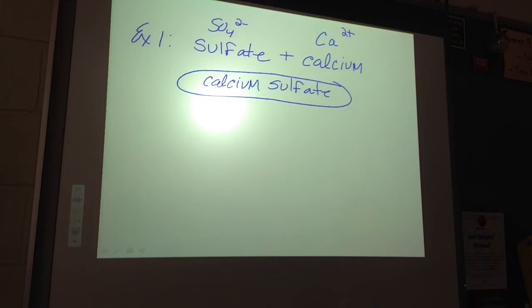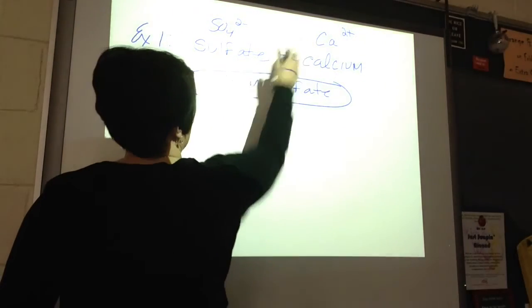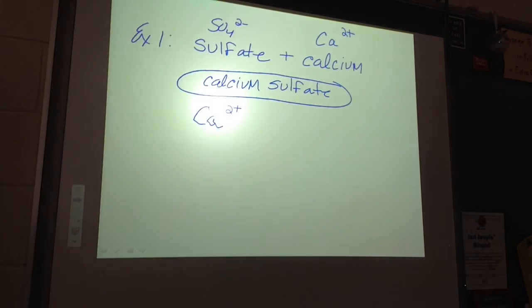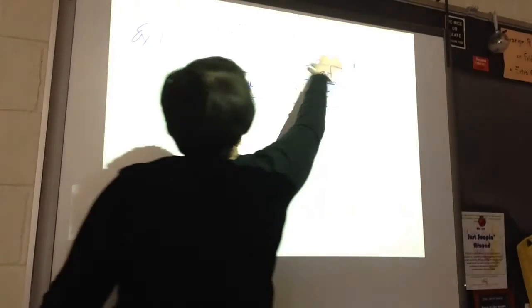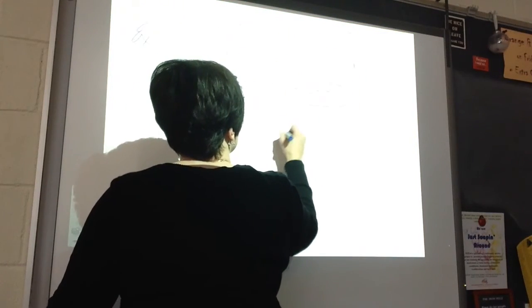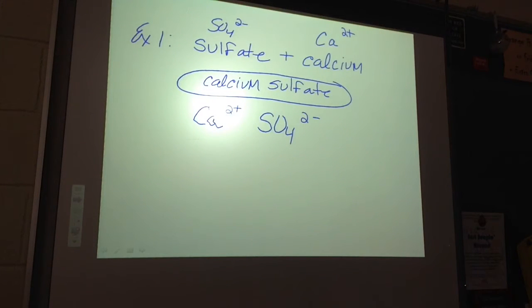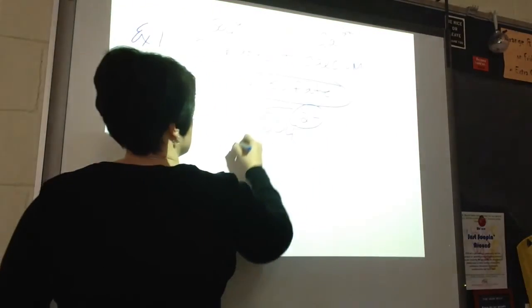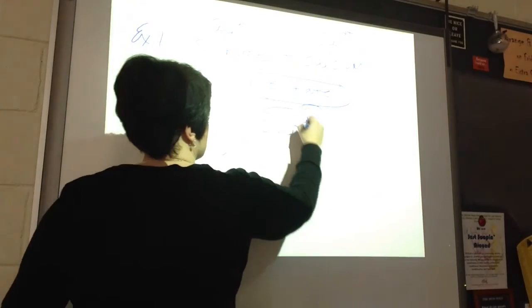Now we need the formula. Focus. Pay attention. Calcium is Ca with a 2 plus. Sulfate is an SO4 with a 2 minus. You with me? Criss-cross.